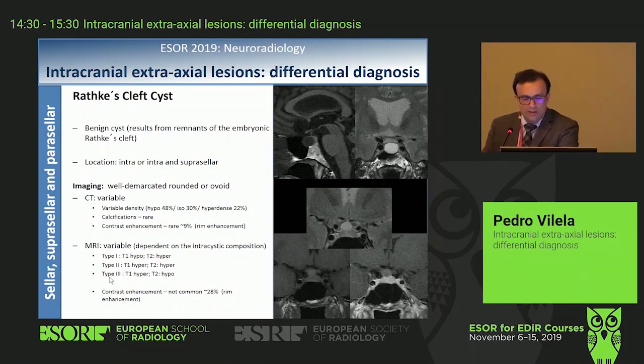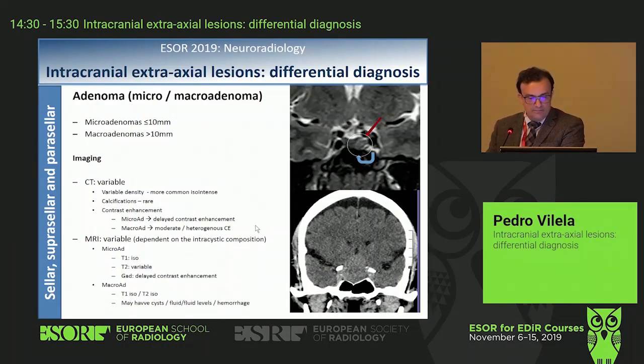It's very typical if they have a high signal. They are very well demarcated, and they may have some contrast enhancement, rarely, but it's generally like a ring enhancement around the cyst. But these are benign lesions.